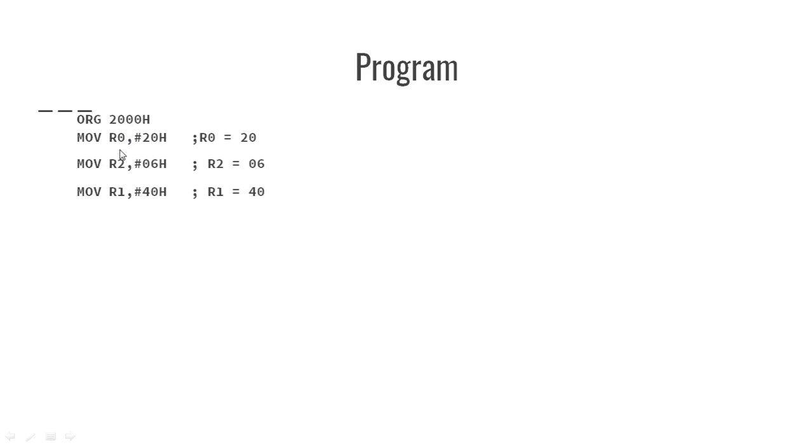So what I have done, first I have taken the source into R0, next I have taken count into R2, then I have taken the destination address into R1. Here count is 6, means we can transfer 6 datas. If you want, you can change it as 5 also, not a problem. Okay, so first thing is to allot the numbers. So we allotted the addresses as well as the count. Now you need to write the logic.